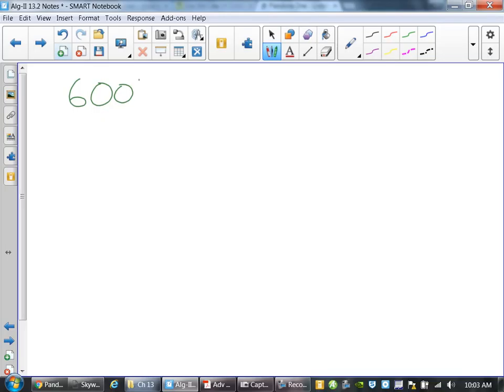600 degrees. I want to spin it to win it. Again, what we're going to do is figure out what quadrant it lies in, so that we can figure out its coterminal angle. That's 360, so I'm backing out the 360.